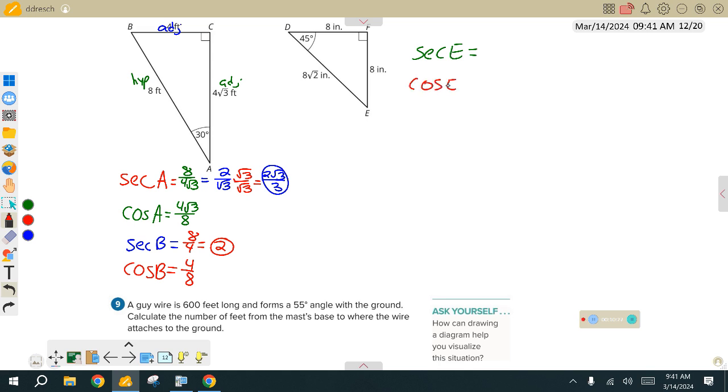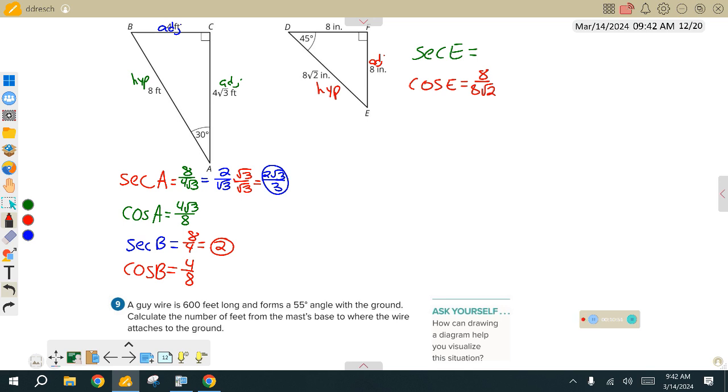We're gonna go with the cosine of E. Adjacent over hypotenuse. 8 over, right? The reciprocal.